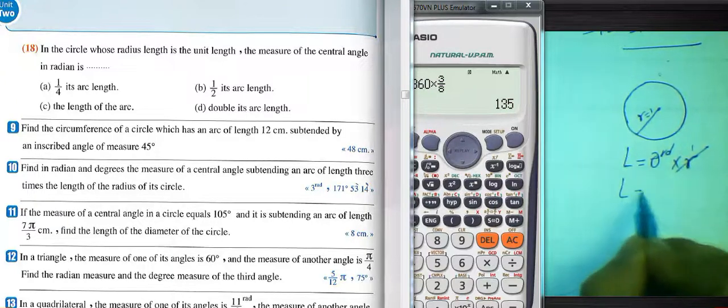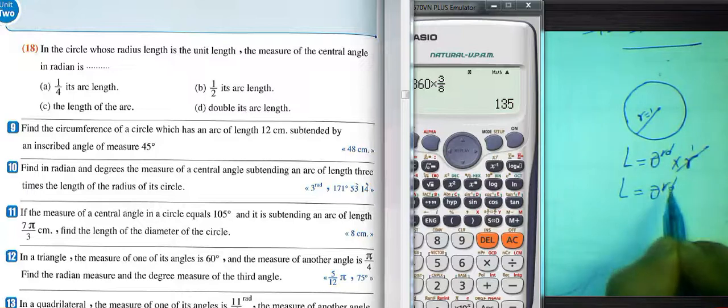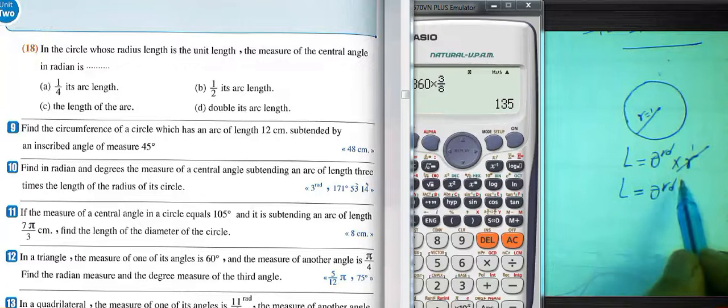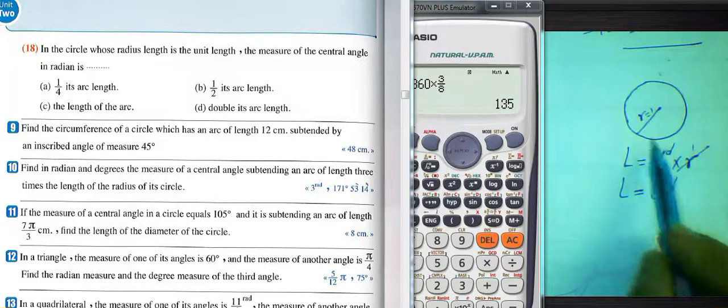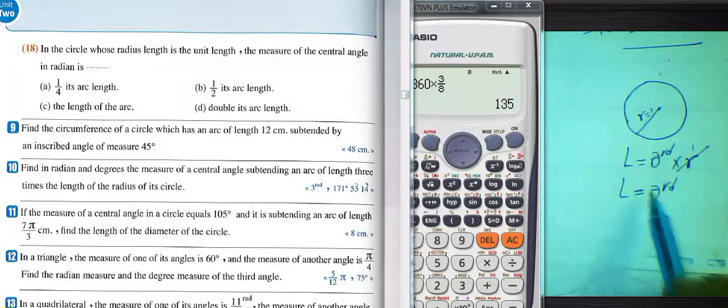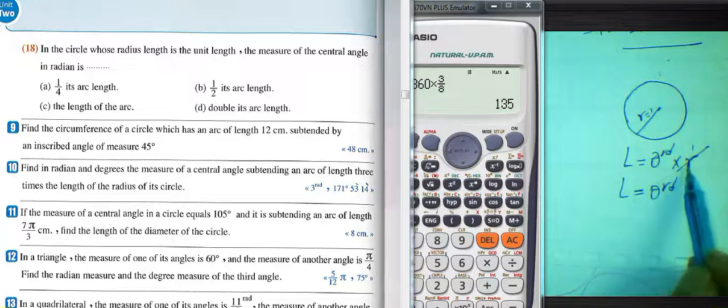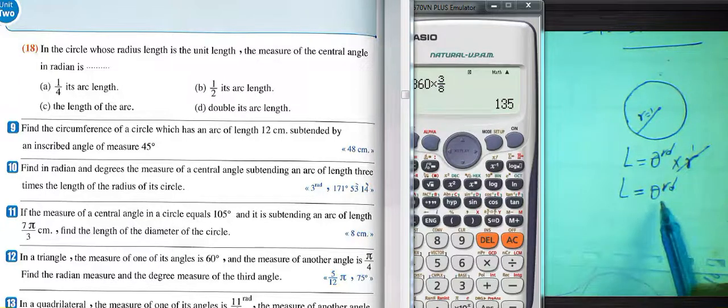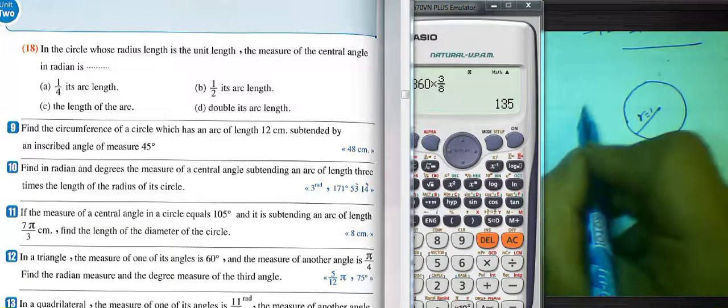So L equals theta in radians. So the length of the arc equals the central angle in radians. Choose letter C for question number 18.